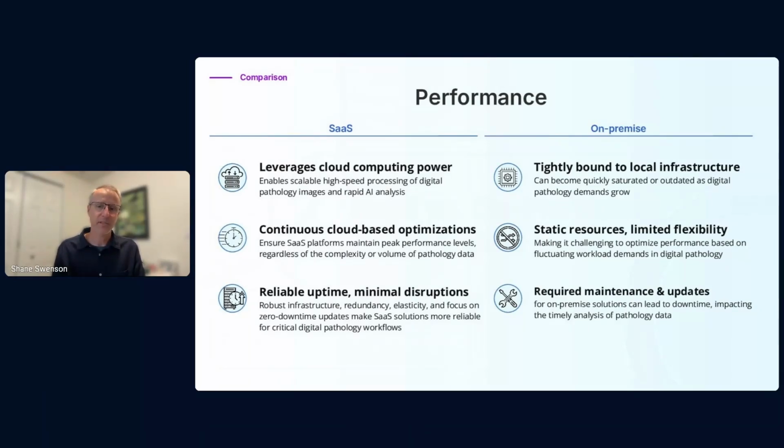In the case of an on-premise solution, the performance is going to be dependent on what equipment is available in that on-premise installation. And if the workload demand exceeds what that system is designed to provide, it's going to have a direct impact on performance. And as future, maybe higher demand workloads become available, maybe newer AI models, for example, and newer algorithms, that on-premise system may struggle to deliver those new workloads efficiently.